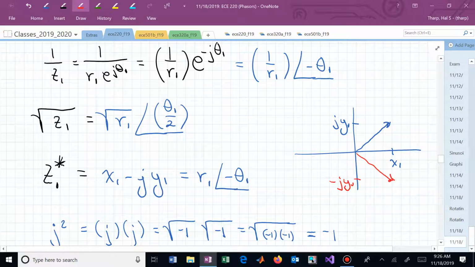And hopefully you see that this angle is just the negative of this original angle theta 1. We've just mirror imaged that, or rotated it around the real axis.